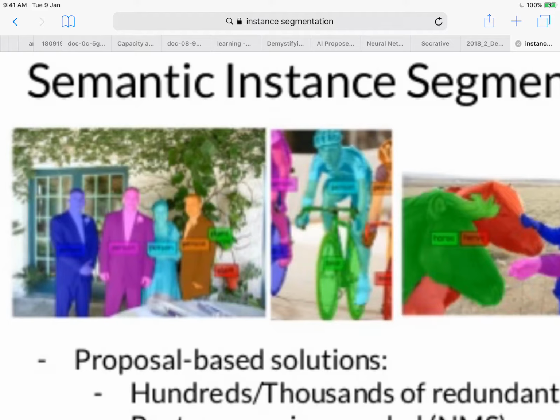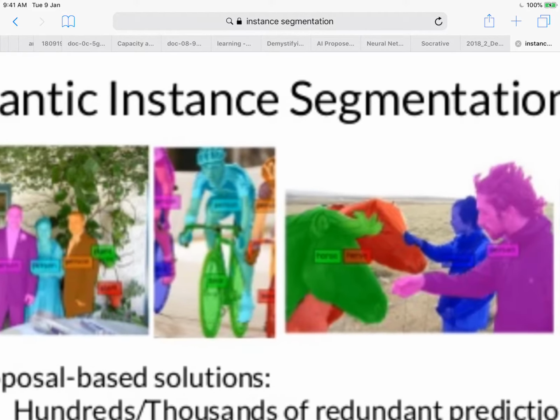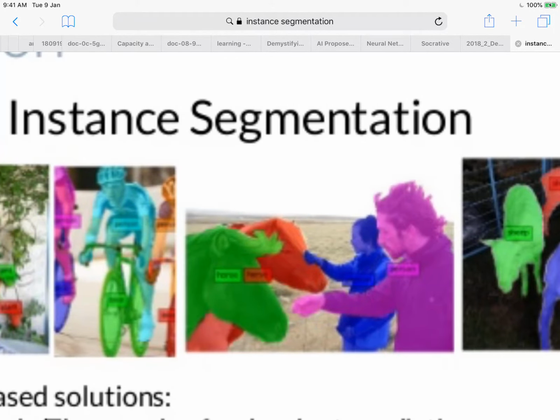But this particular task is much more detailed, because we have to determine the exact set of pixels belonging to a particular object, right? So this task is considered much more difficult, and this is basically the segmentation task. For each object instance, we obtain the set of pixels corresponding to that object.